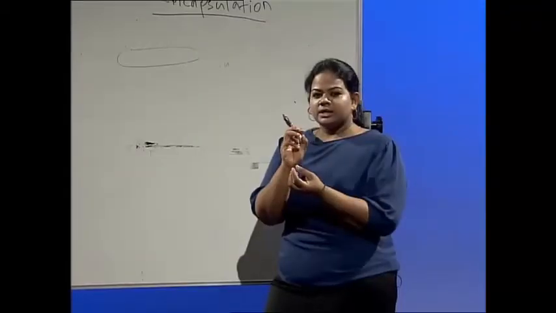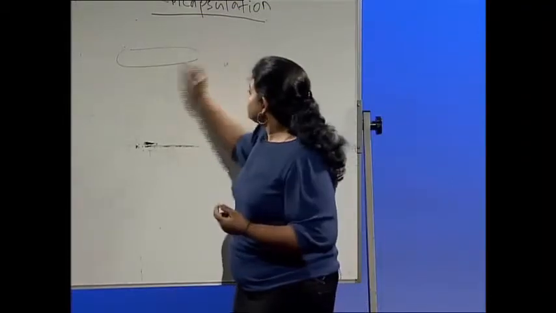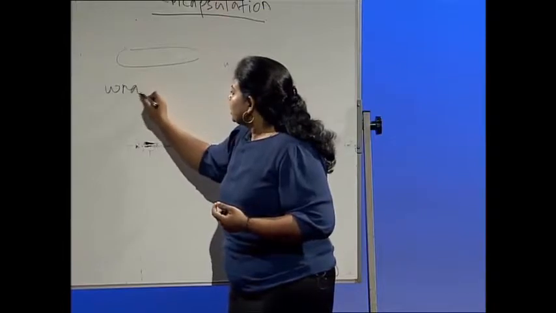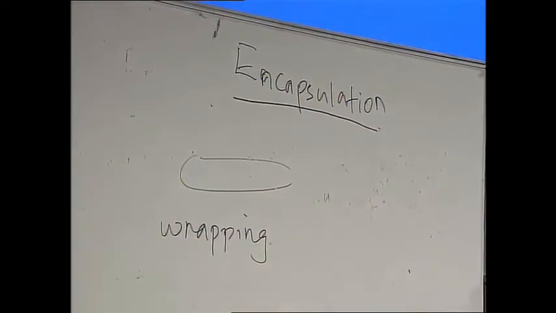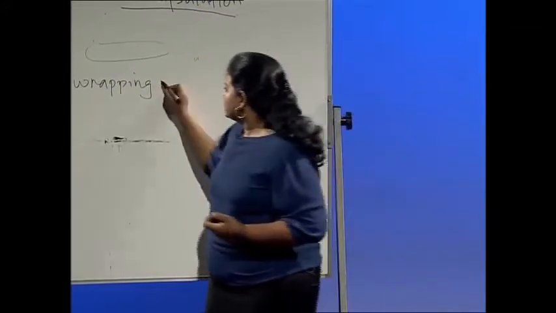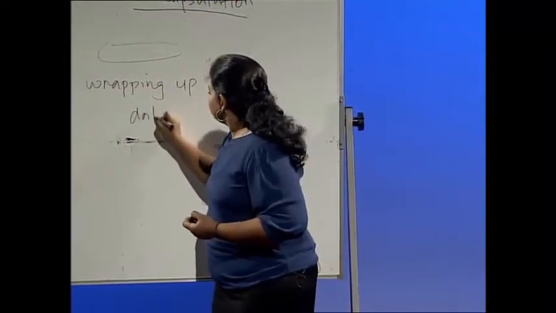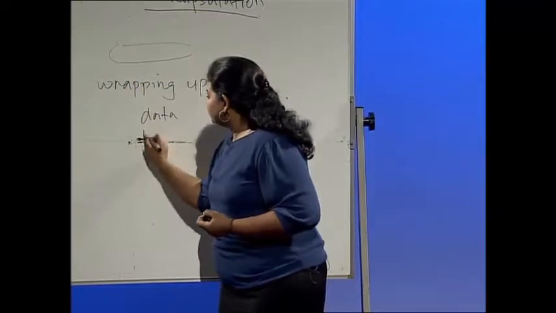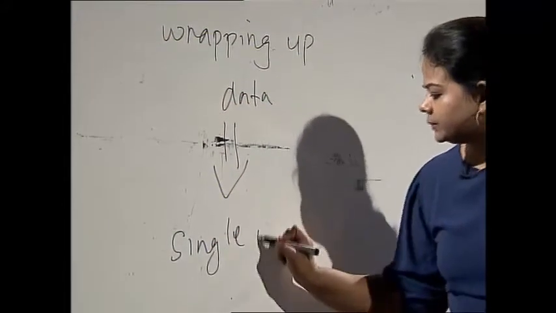So it's basically wrapping up the data. So that's called encapsulation. And this in Python could be achieved by getters and setters methods. So this is basically wrapping up data and putting it into a single unit.